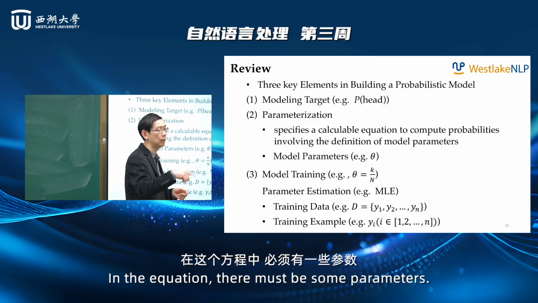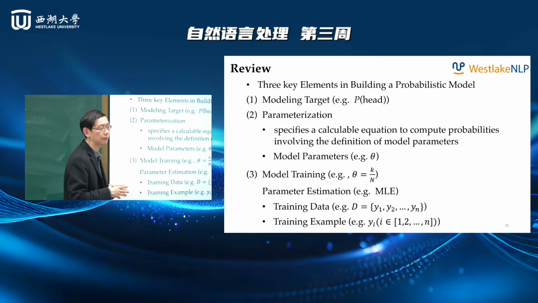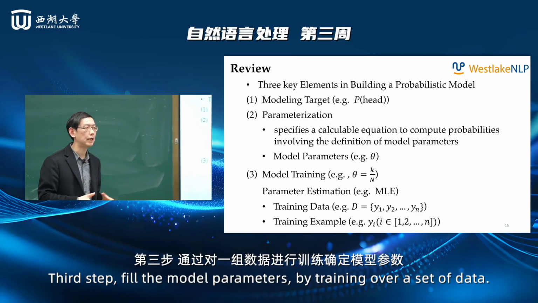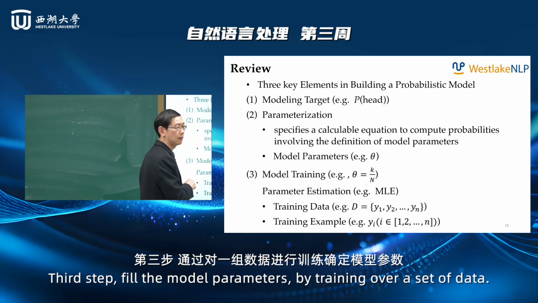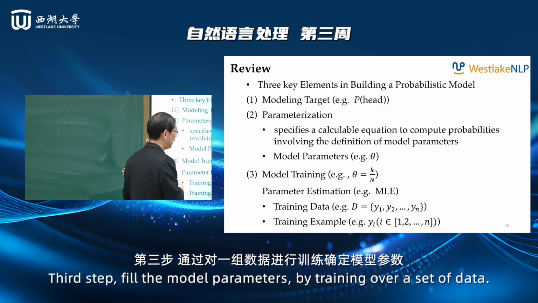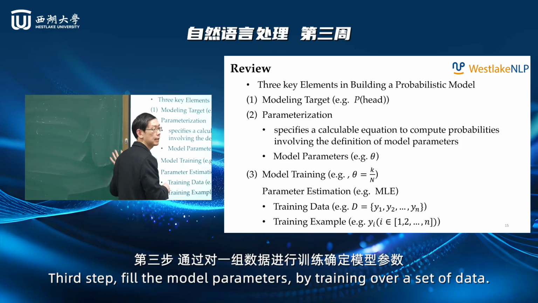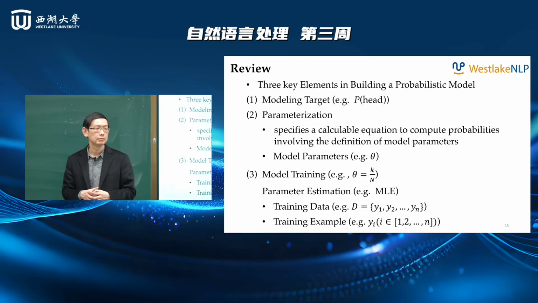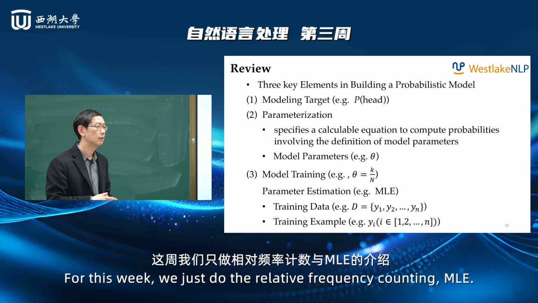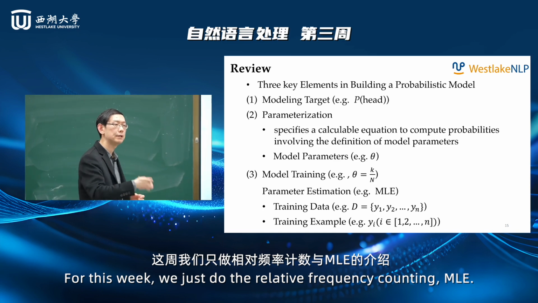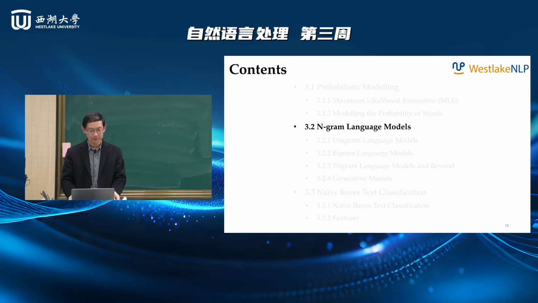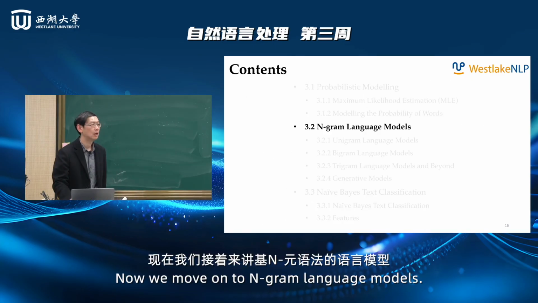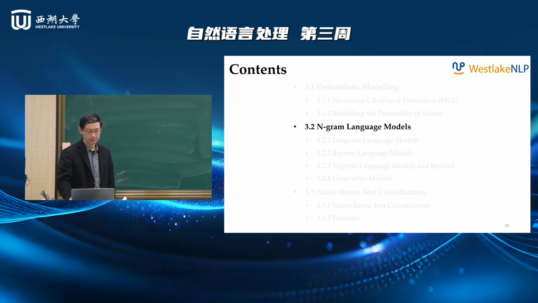In the equation, there must be some parameters. Third step, fill the model parameters by training over a set of data. And for this week, we'll just do the relative frequency counting, MLE. So now we move on to n-gram language models.